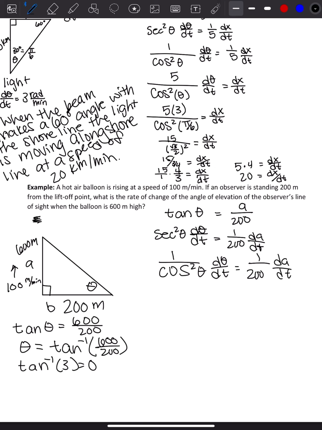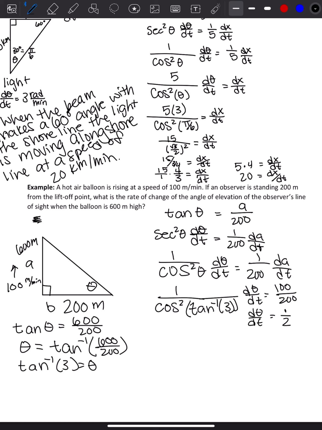So I have 1 over cosine squared of, our theta is tangent inverse of 3, times d theta over dt, which is what we are solving for, equals dA over dt is 100, so I'm going to put 100 over 200. Well, 100 over 200 is the same thing as 1/2 d theta over dt.